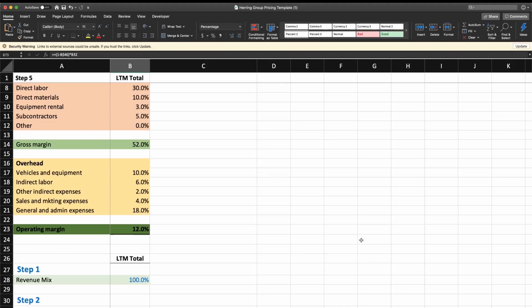If you allocate those based upon labor, who's going to get more of that cost? Maintenance, right? Because maintenance is more labor intensive than construction, and construction has more materials. So that's an example where a simple revenue allocation versus a direct labor allocation would generate significantly different results.